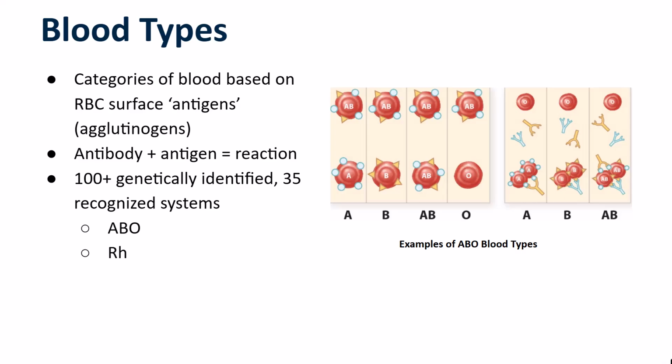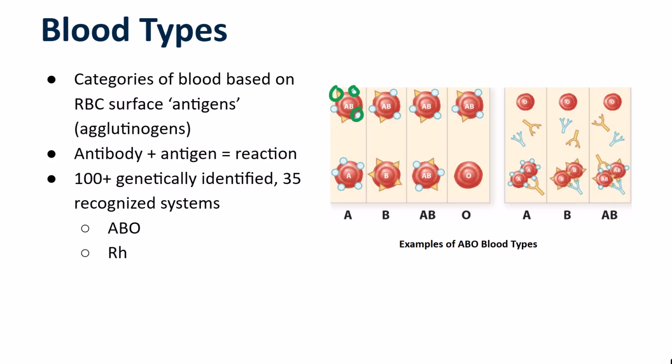When we look at the surface of an erythrocyte, there are many different proteins and glycosphingolipids and carbohydrates, etc. And each of these are capable of perhaps having an immune reaction mounted against it in a foreign environment. And so we call them surface antigens, or sometimes agglutinogens.